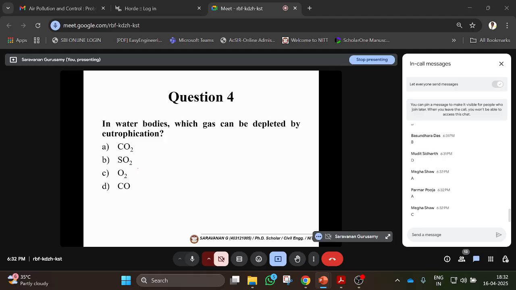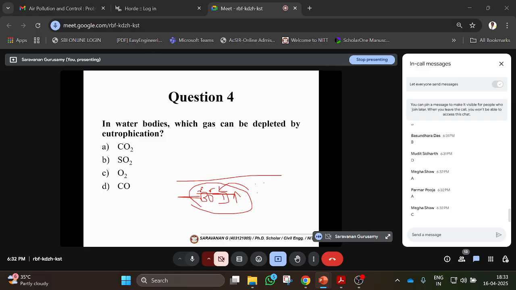Okay, fourth question: in water bodies, which gas can be depleted by eutrophication? So what is eutrophication? In a water body, whenever the BOD increases or organic matter is deposited, microorganisms need oxygen to digest this organic matter.